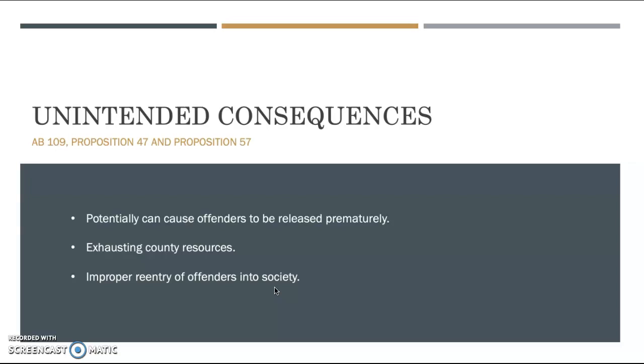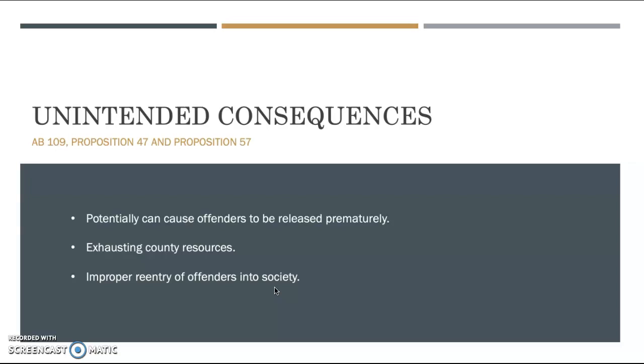Proposition 57 has a more optimistic outlook because it focuses on rewarding the rehabilitation process, as opposed to Proposition 47, which just reclassifies certain crimes to a lower level so that inmates can be pushed out to the streets earlier.